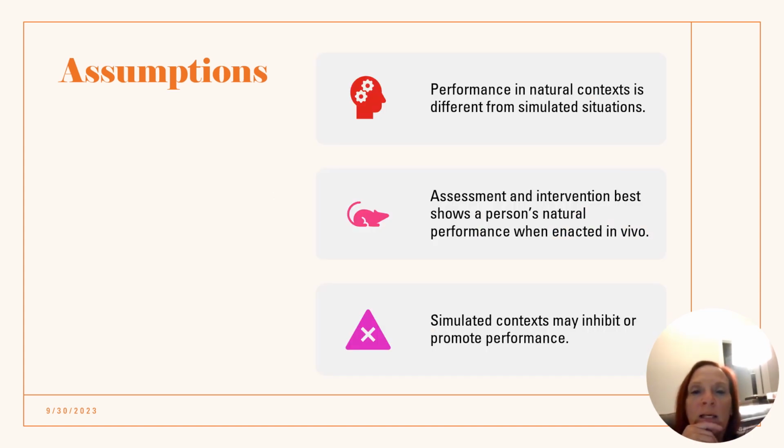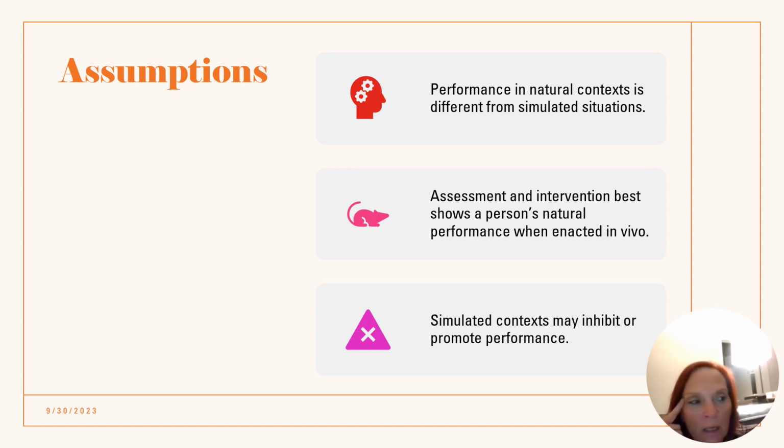Performance in natural context is different from simulated situations. That just makes sense. Assessment and intervention best shows a person's natural performance when enacted in vivo. So they're saying this because they want us to treat our patients in the context in which they are having the problems.